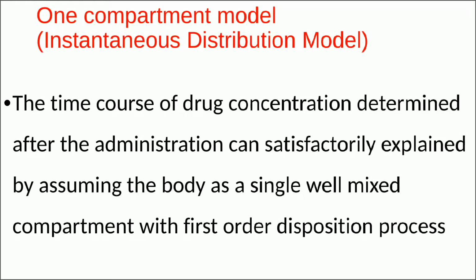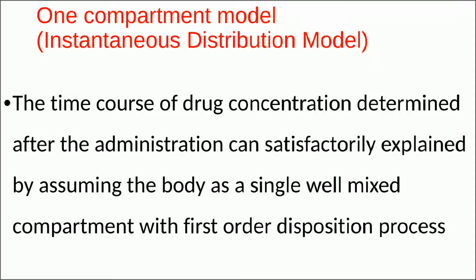Now let us try to understand what is one compartment model. It is also known as the Instantaneous Distribution Model. The time course of drug concentration determined after the administration can be satisfactorily explained by assuming the body as a single well-mixed compartment with first order disposition process.